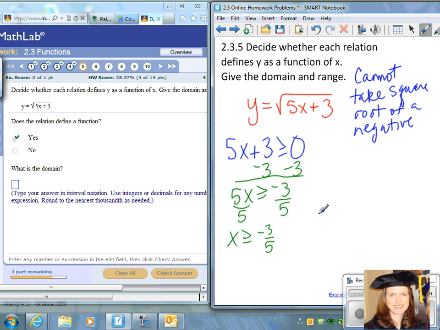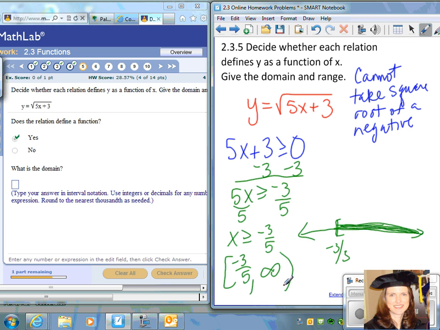On the number line, we would locate negative 3/5. We're going to put a bracket here, and the solutions are all the x's that are greater, so it's going to be everything to the right. When we give our answer using interval notation, the left side starts at negative 3/5, and the right side ends at positive infinity. So that's how we're going to write our domain.